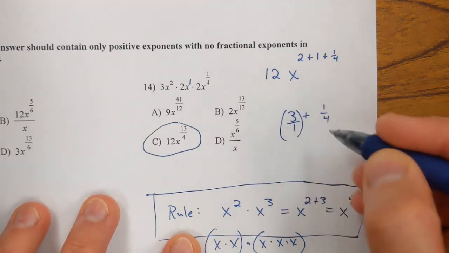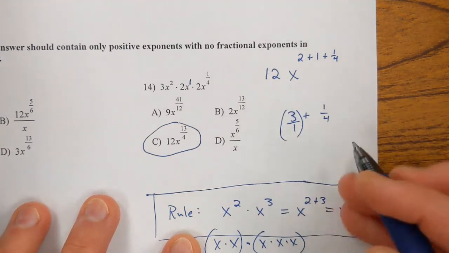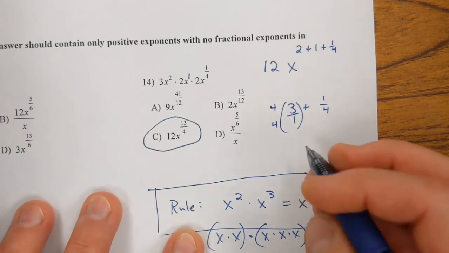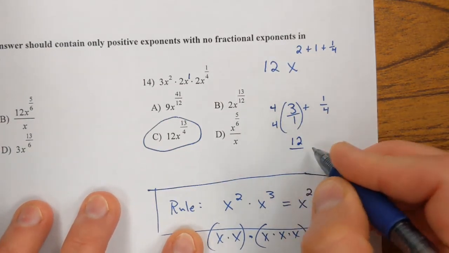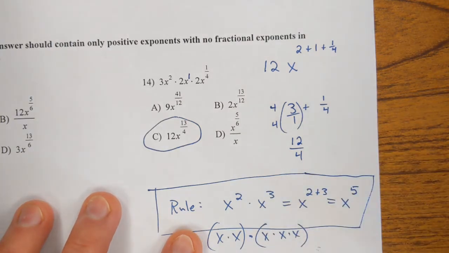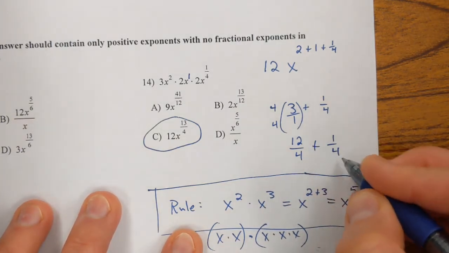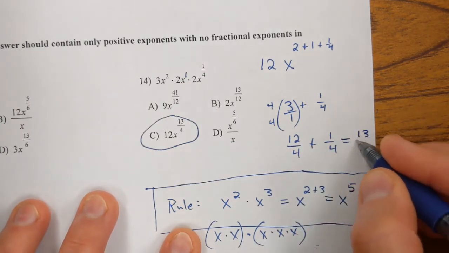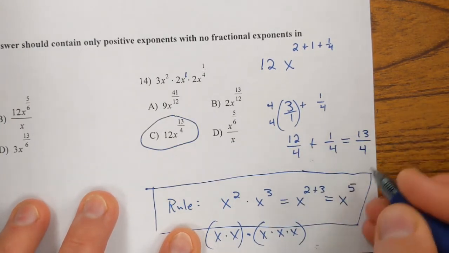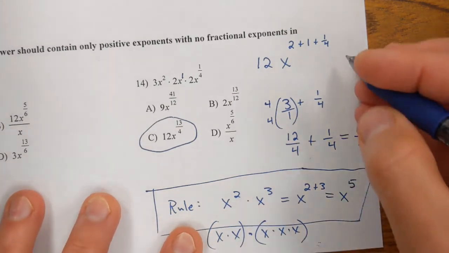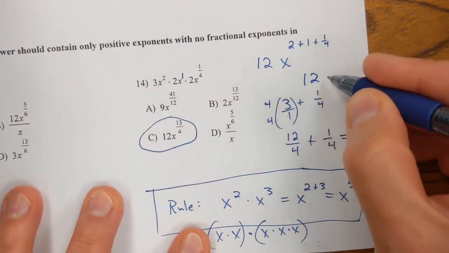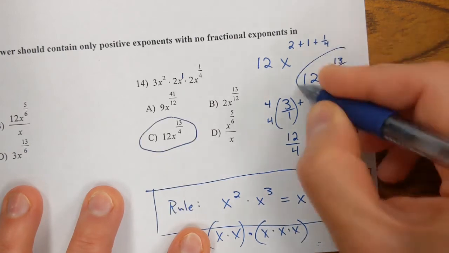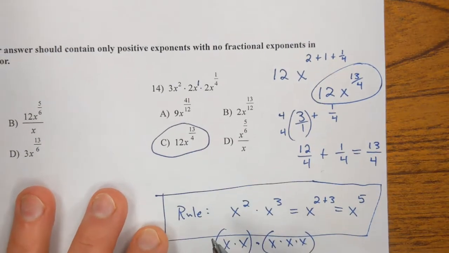The 3 over 1, if I want to get a matching denominator here, I'd have to multiply the top and the bottom by 4. So another way to write 3 is 12 over 4. And then 12 over 4 plus 1/4, you add the 12 plus 1 is 13. You keep the denominator 4 the same. So ultimately, this becomes 12 times x to the 13/4 power. And that's exactly what we get.